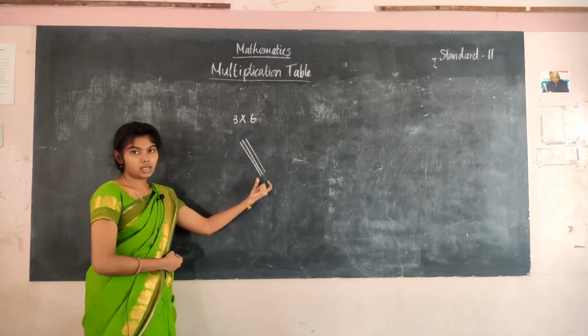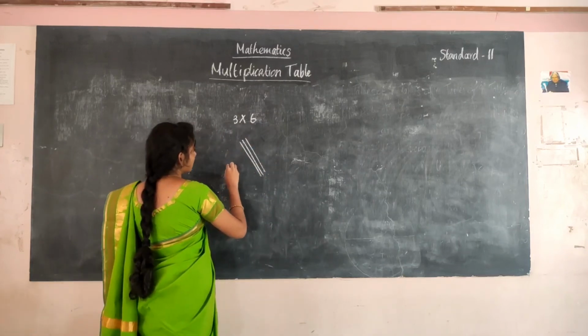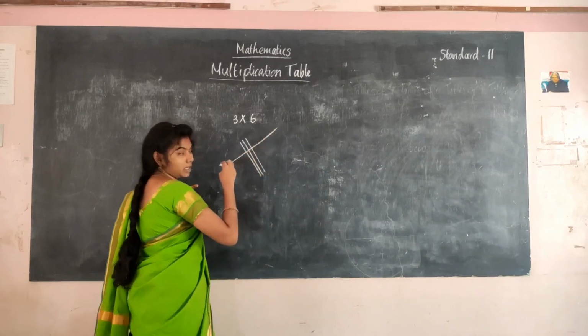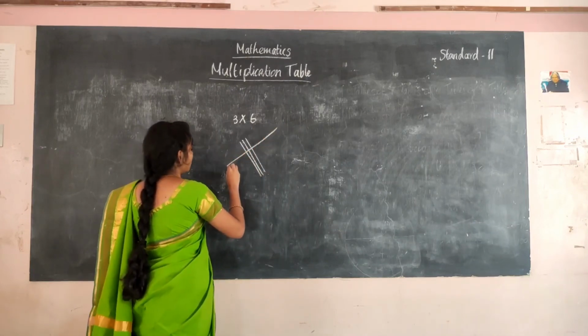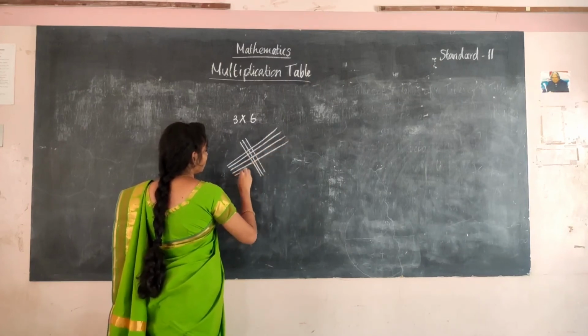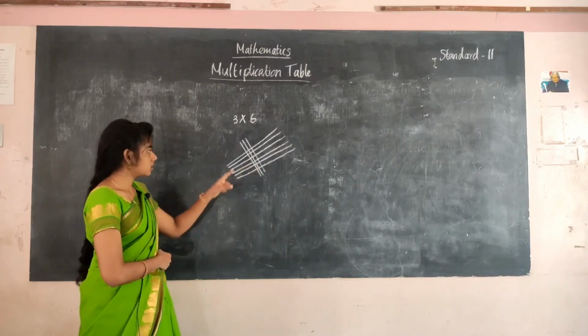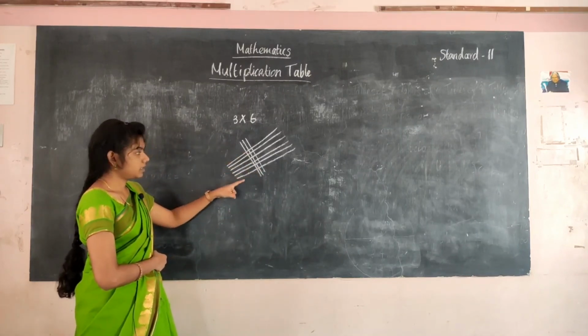Like this, draw 3 lines. And then here 6 is given. So draw 6 lines in a crossed way, just by intersecting each of the lines. 2, 3, 4, 5, 6. So I have drawn 6 lines. First I have drawn 3 and then 6.